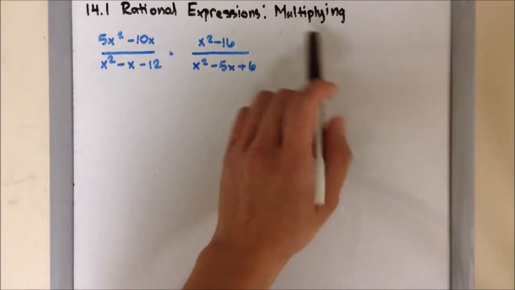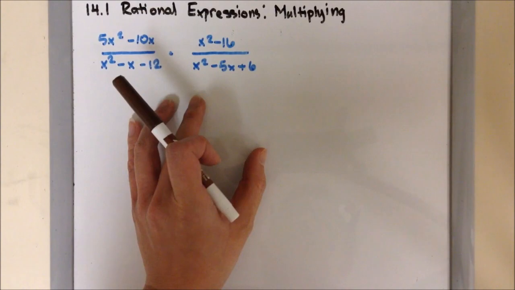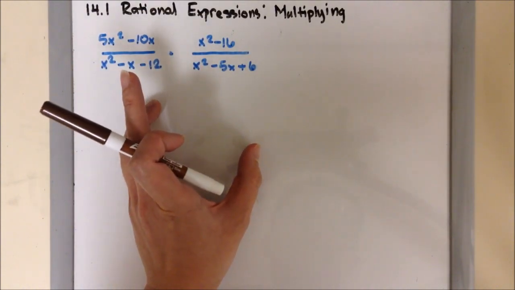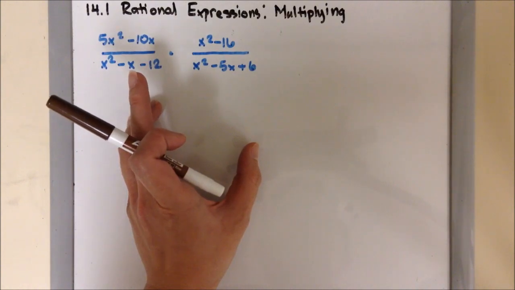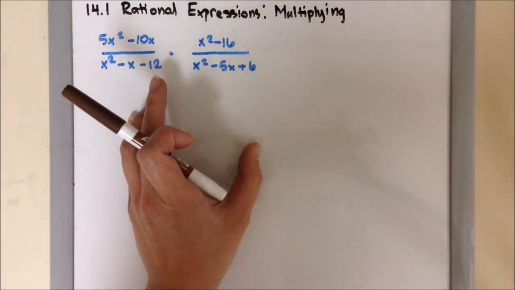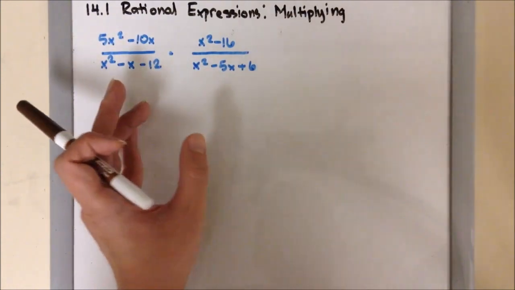But we're multiplying with fractions, so we also must remember the properties of working with fractions. Now, for this chapter, when we're dealing with rational expressions, you need to be familiar, and I emphasize very familiar, with all the factoring techniques that were covered in chapter 13.